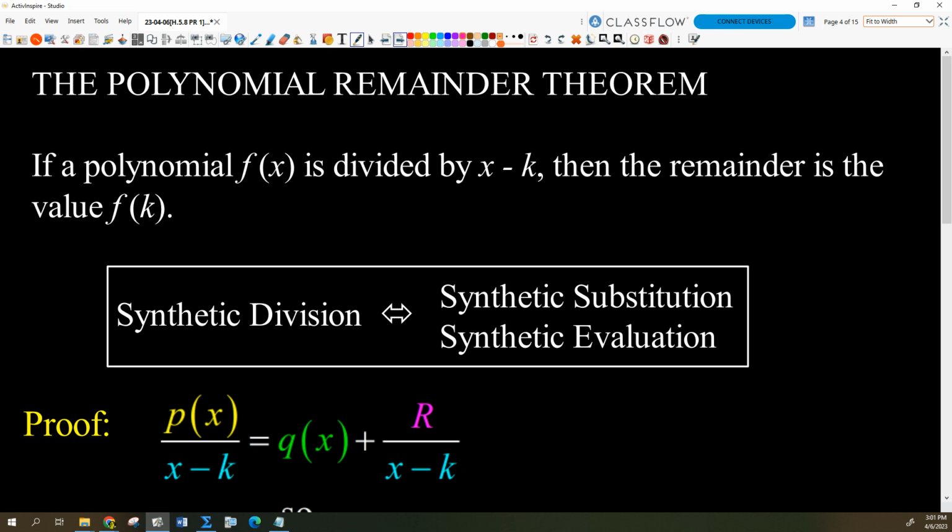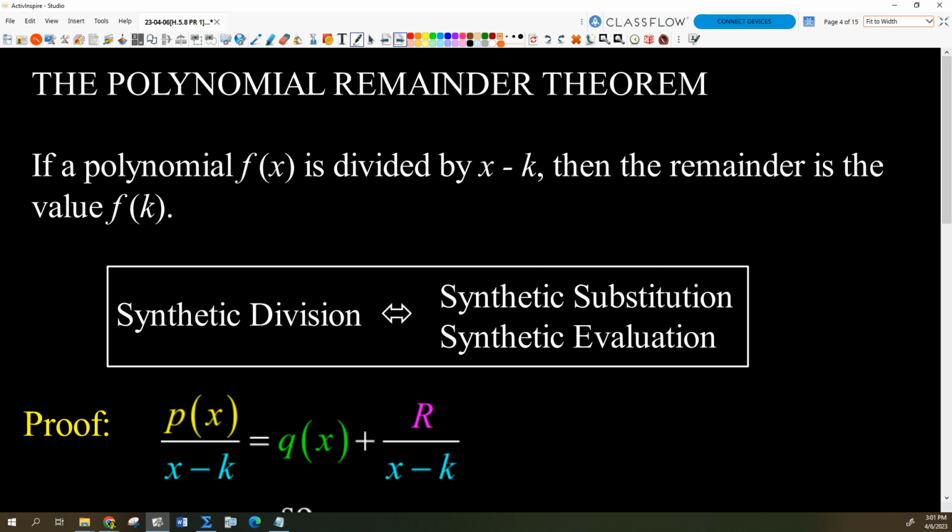This is pretty big, though. That's the trick we just used, right? The 0 of that factor, 0 of the denominator is k. If I input that into the function, whatever the remainder is, that's the value of the function at k when I plug it in.